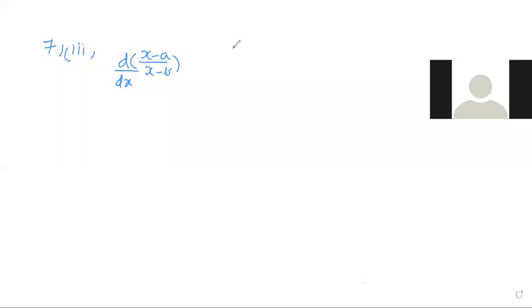The u by v formula: first the denominator squared, so x minus b whole square, the denominator square.